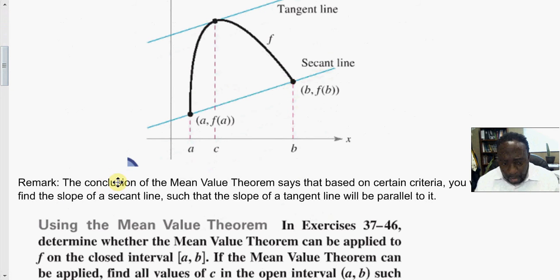So, our remark: the conclusion of the mean value theorem says that based on certain criteria, you will be able to find the slope of a secant line, that's f of b minus f of a over b minus a, such that the slope of the tangent line will be parallel to it.